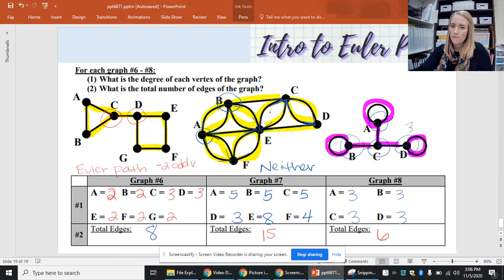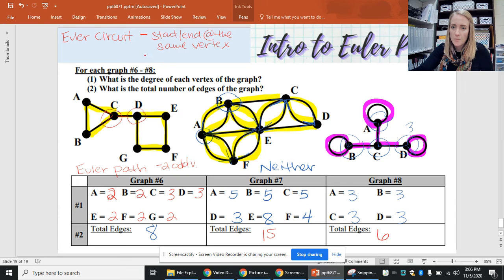I do want to make just a few points real quick, so I don't have to make a whole other video today. But if we're talking about Euler paths and Euler circuits, for an Euler circuit, there's a few rules that you have to have. You're going to have to start and end at the same vertex.